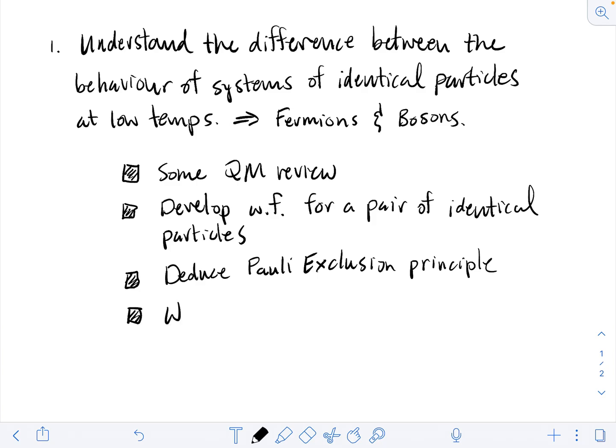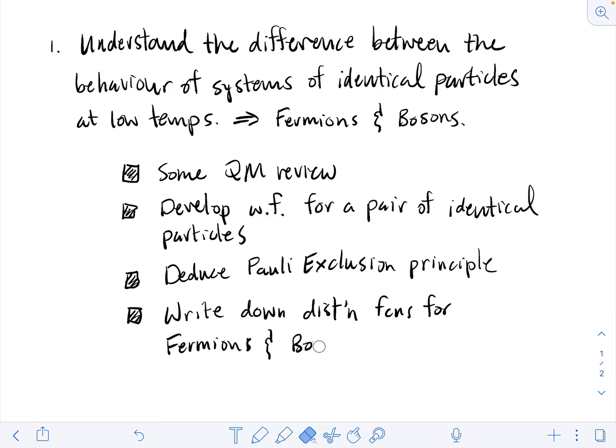And then we'll also write down the so-called distribution functions for fermions and bosons.